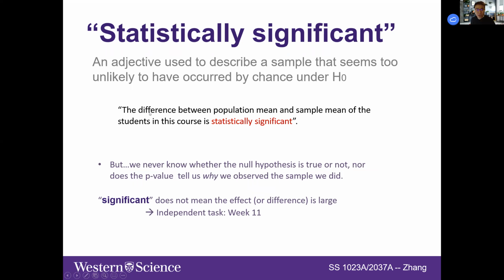So be very careful about the interpretation here. In the independent task, you will read a very short paragraph about the meaning of significance here. And you will see that significance does not mean that our difference is large, but just that the probability supporting the null hypothesis is small.